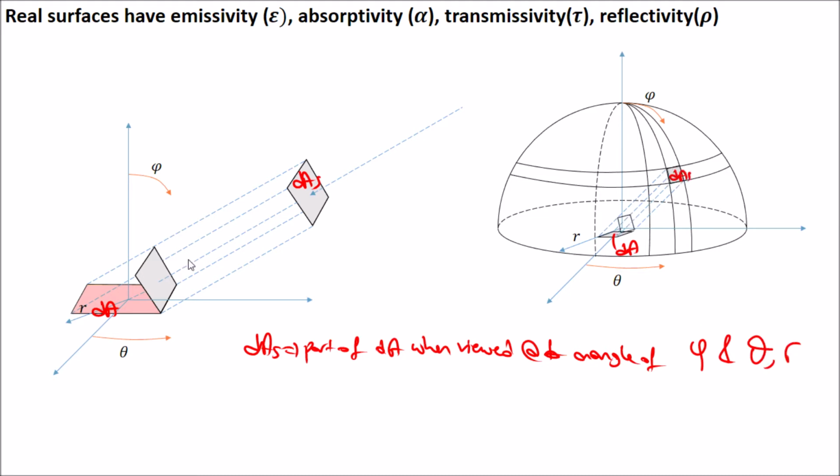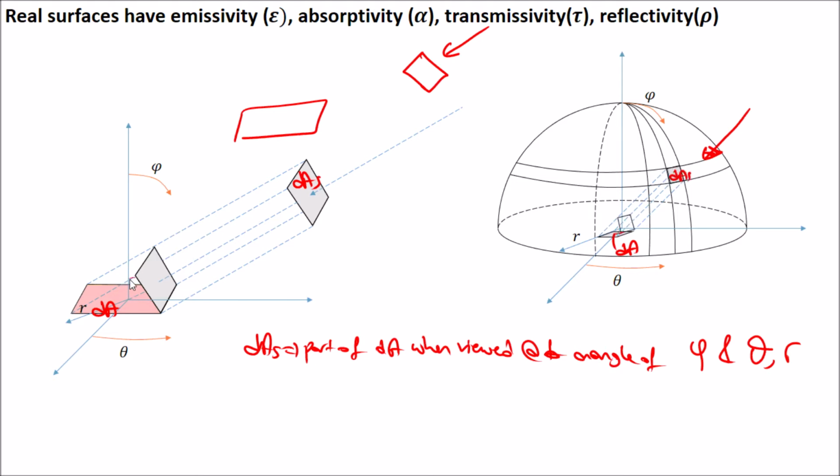So this dAs, if I view from here, I see the dA as dAs. Similarly, this one is dA. If I look at dA from here, I will see something like this one. Therefore, dAs becomes the projected area of dA.